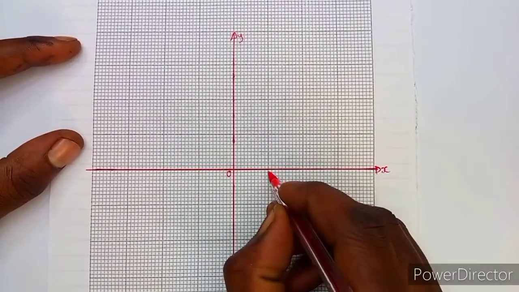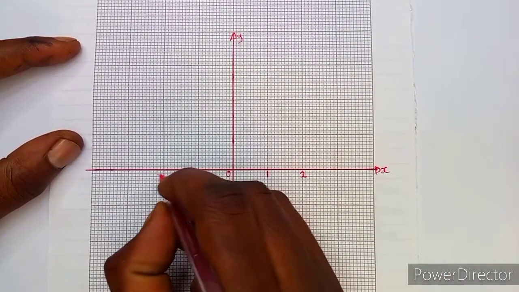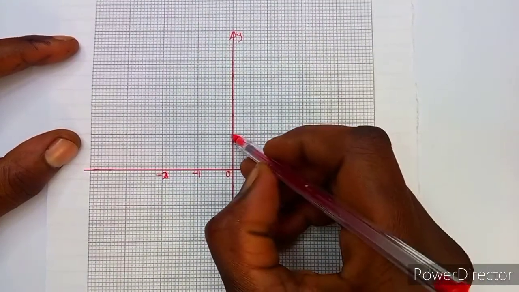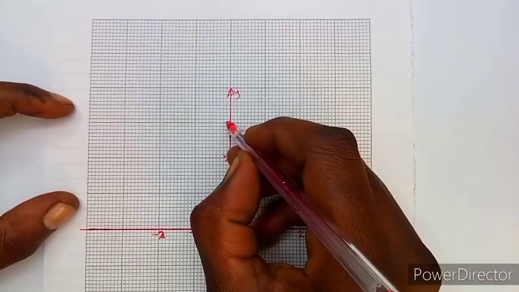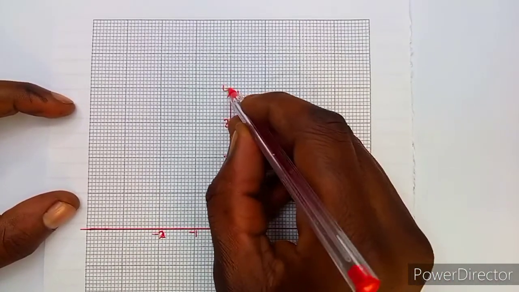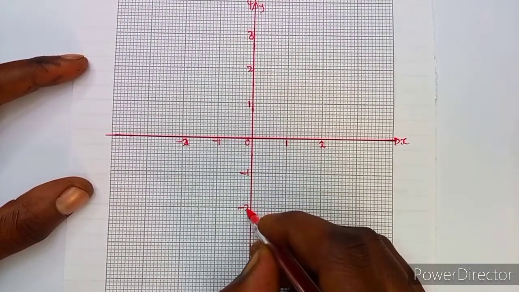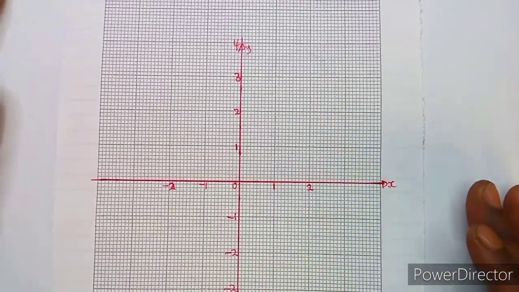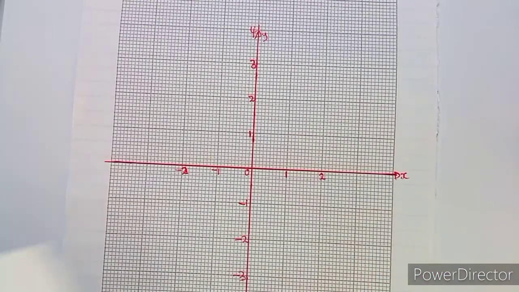So you're going to name your points 1, 2, -1, -2, then 1, 2, 3, and 4, and -1, -2, -3. You'll be given a graph that you're going to use, but you just mark a suitable scale of your choice.